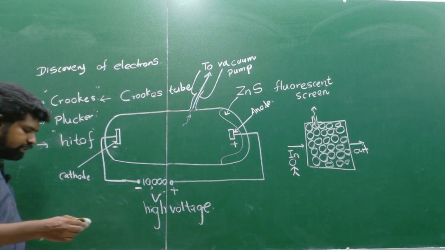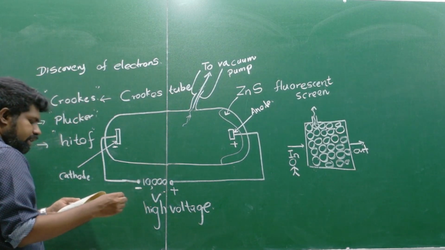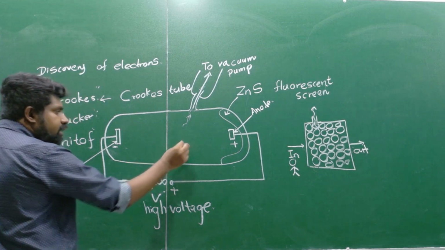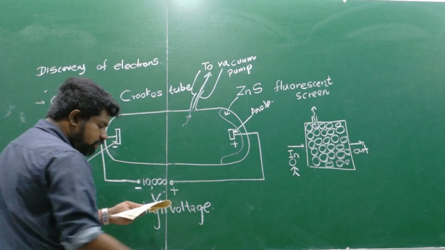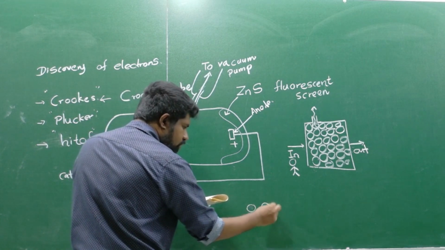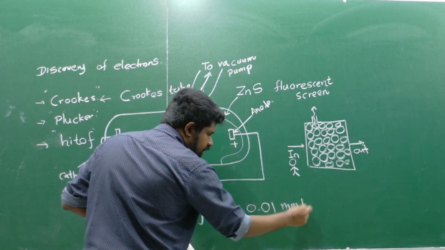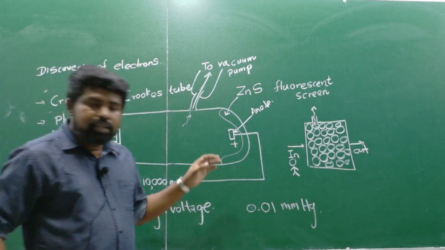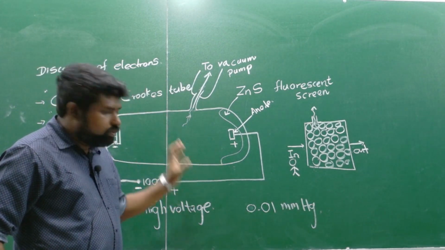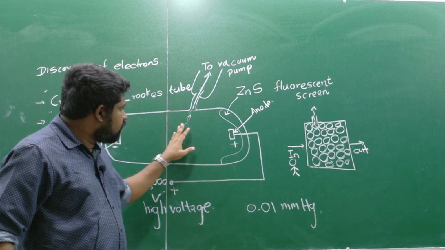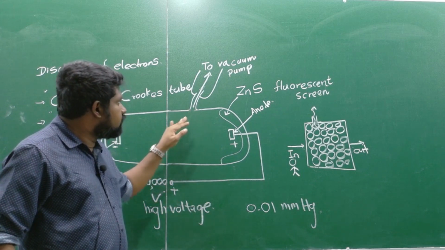Then what happens is, see, when the pressure inside the tube was reduced to 0.01 mm of mercury, this was done by evacuation using a vacuum pump.